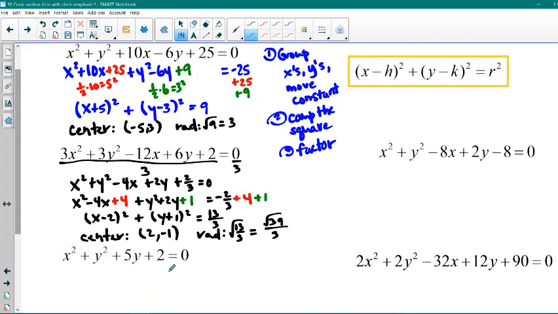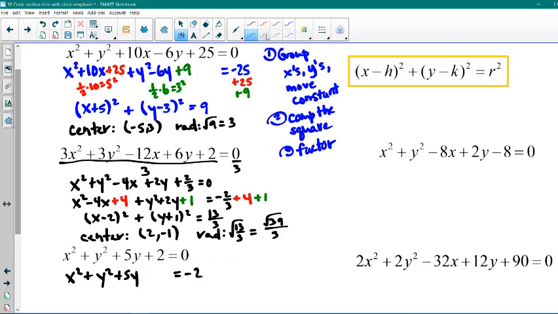One more example, we do already have lead coefficients, or the coefficients of our square terms are 1 in each case, so that's good. But when it's time to group, you'll notice we only have y terms that need grouping, not x's. So we will have x squared plus y squared plus 5y, and then we will move our negative 2 over to the right-hand side.